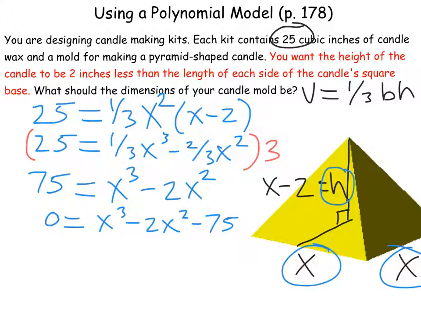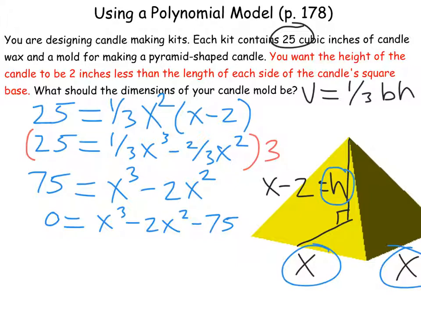Once I get past there, then we jump up to 25. Like 15 and 25 are also possibilities, and you can check those in the table. My gut says those are too big, right? Well, look at 25. If the whole volume can be 25 cubic inches, I don't think the base can be 25 by 25. Nor could it be 15 by 15.